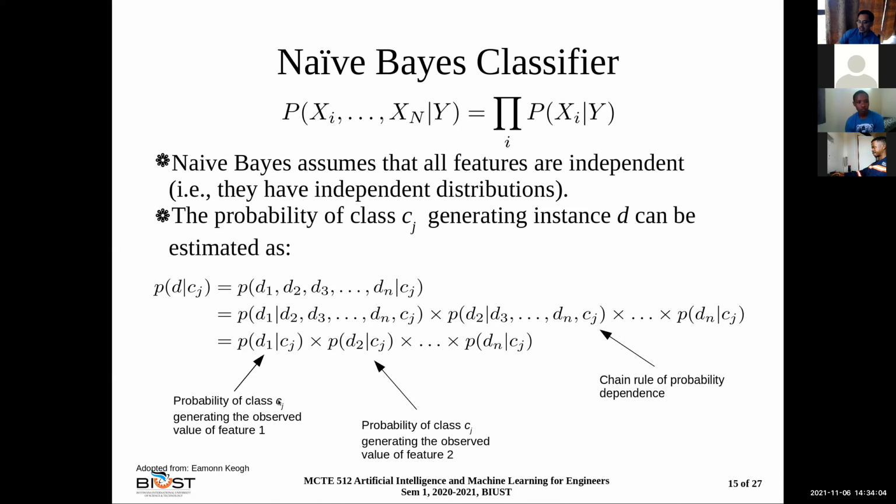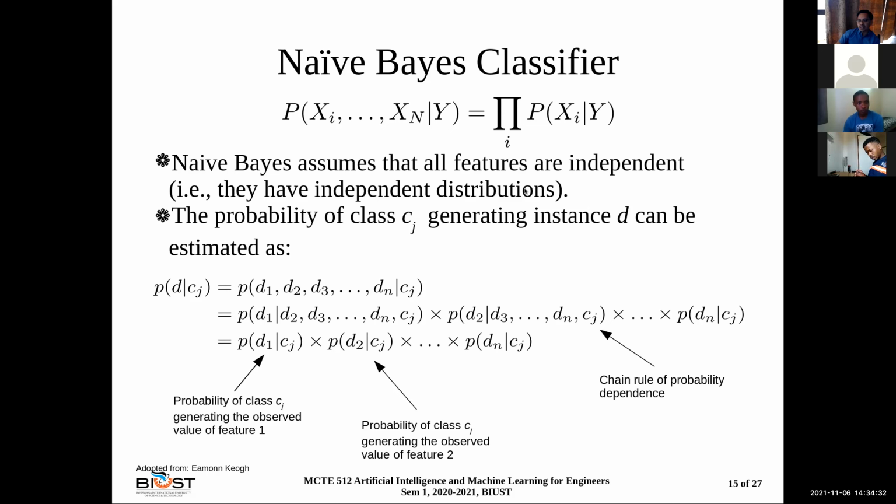The probability of the class CJ and the instance D: you have instances or features D1, D2, D3, up to Dn, several features for a class CJ. So you can write this. This is the naive Bayes classifier. This is the probability of all the features given the y. But because of our assumption that all the features are independent of each other, we can write it like this.